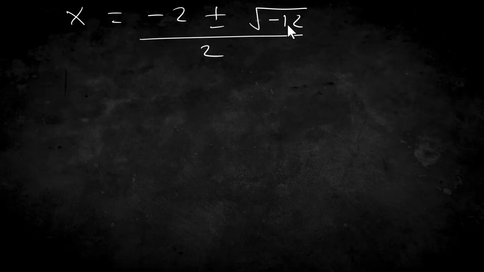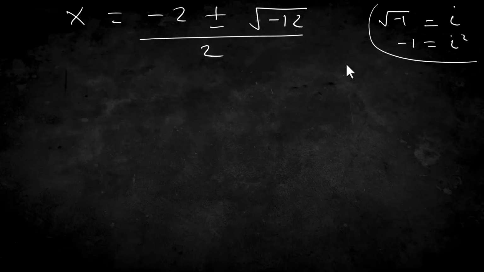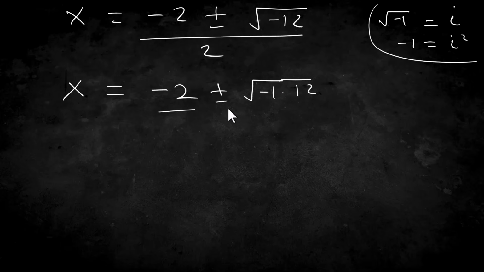So this becomes complex. Remember, the square root of minus 1 is the same as i; it means negative 1 is the same as i squared. So you can write this as x equals minus 2 plus or minus the square root of negative 1 times 12, over 2.